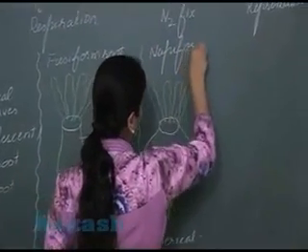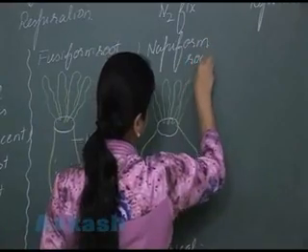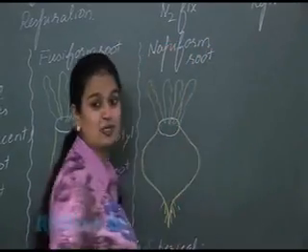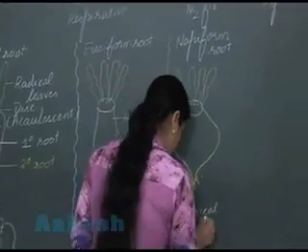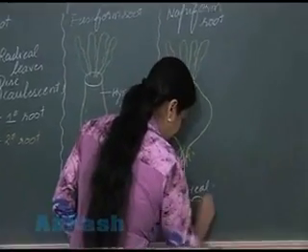Napiform storage root. And this napiform storage root is present in the turnip. So write this example.